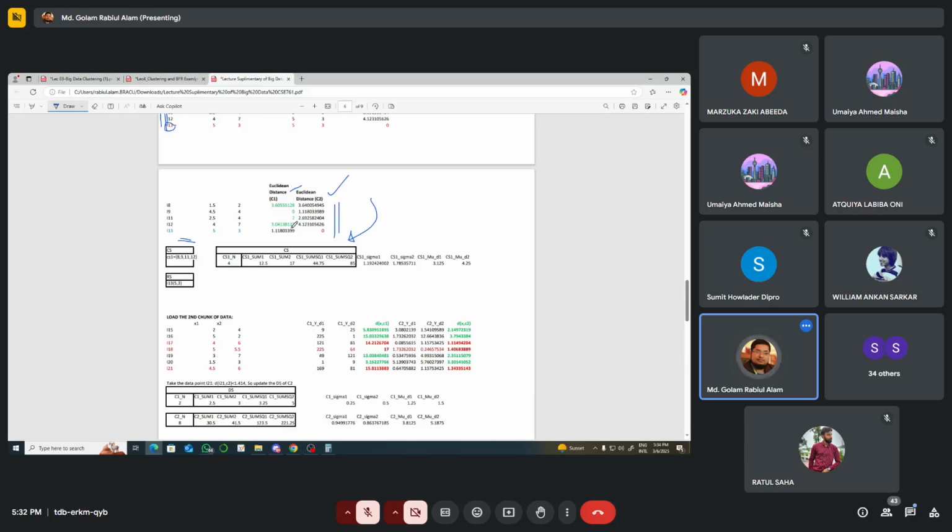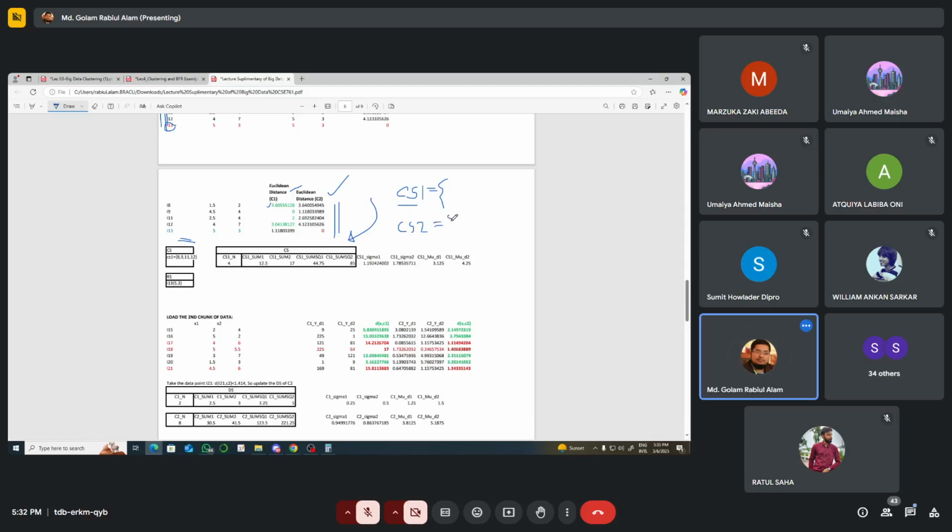After that, if we compare between these two values, this is the minimum one. So this time we have to say that these are our compressed sets, the mini clusters: compressed set 1 and compressed set 2.